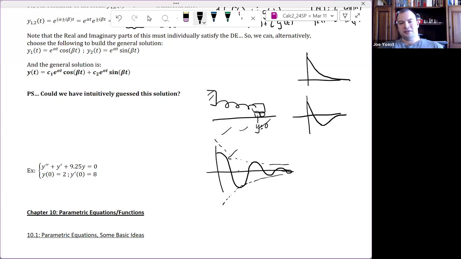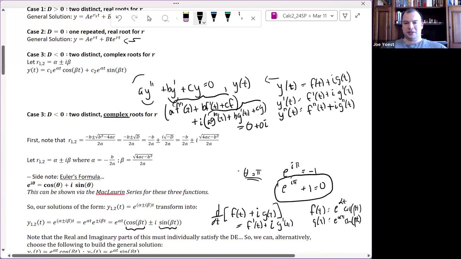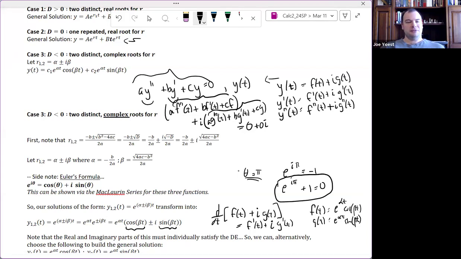If I think, okay, number one, I'm looking for a type of function that has an amplitude that decays along with an oscillation. The oscillation is probably going to make me think of trig functions, and the decay might make me think of exponentials. And that also meshes with the idea that I need to use functions where the derivatives kind of work nicely together.